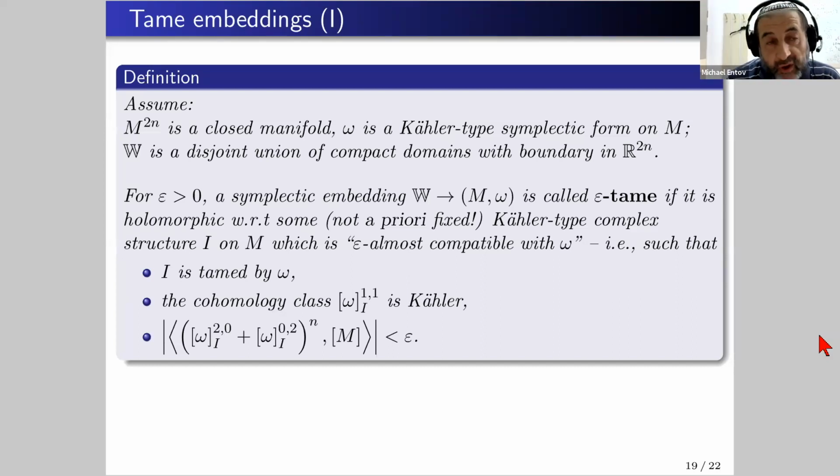Okay, and let me add here that in principle I could have added more conditions to this definition. What I need is that these conditions depend on omega, and they should be open with respect to I. They should contain the complex structures compatible with omega.